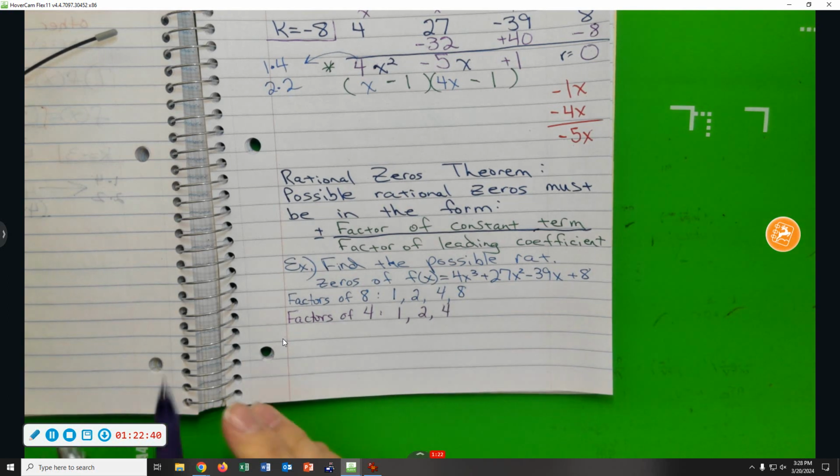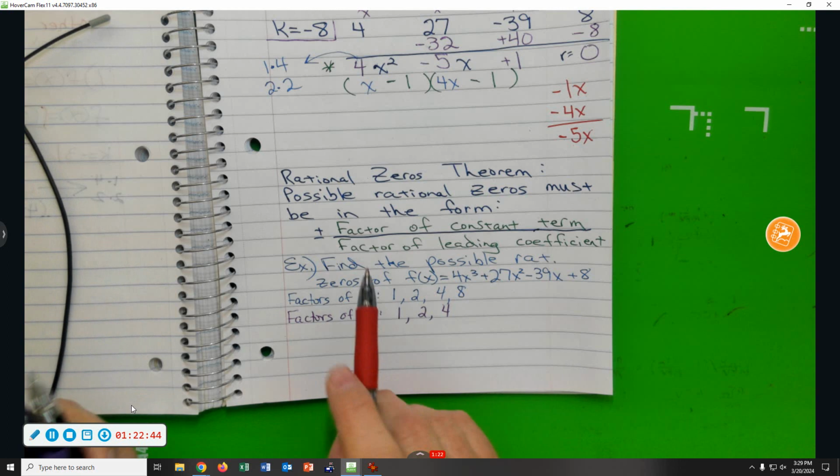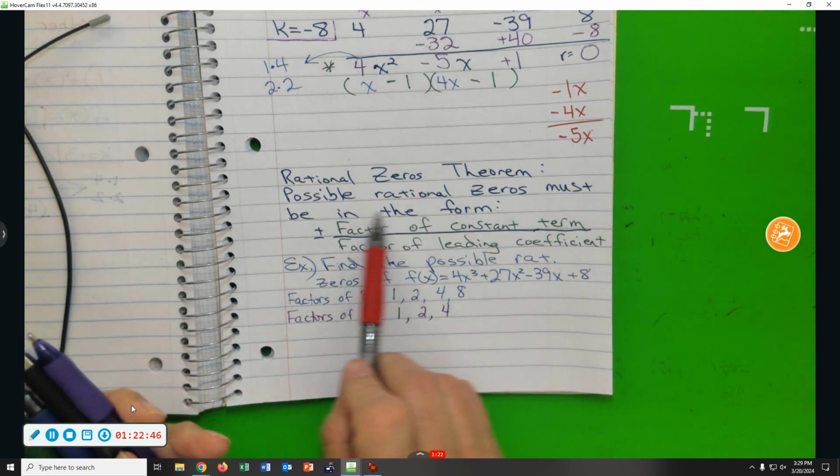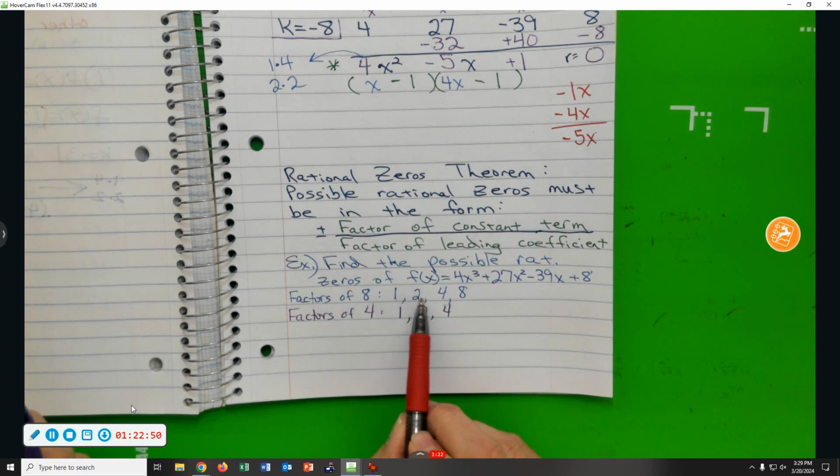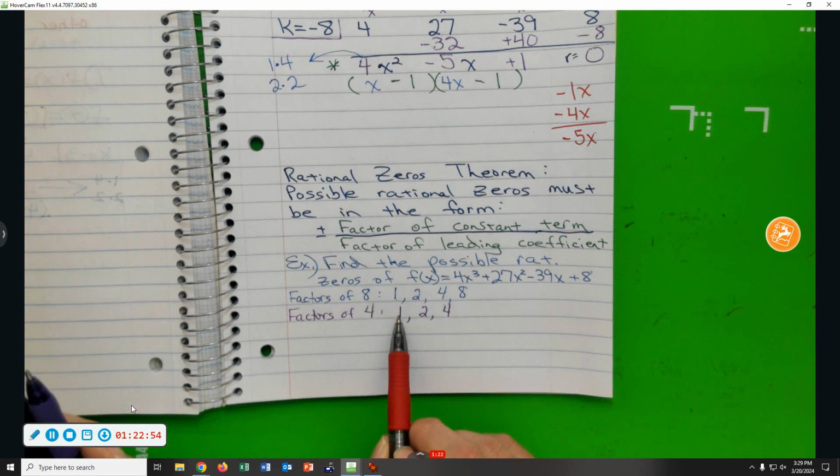Okay, 1, 2, and 4. I agree. And now we're going to write every fraction in this form. We're going to take every one of these numbers and put them over every one of these numbers.